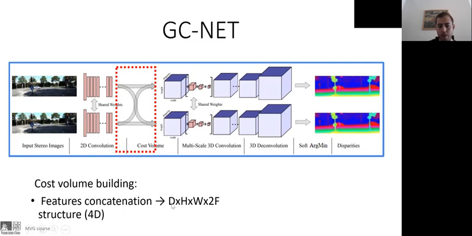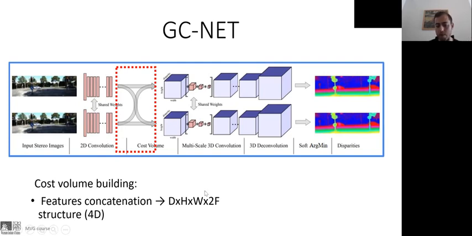So I have a volume of size D, which we called K before, the number of disparities, by the height and the width of the image. And for each disparity, I have 2F features, of the 2 pixels that I try to find correspondence for, to see if they correspond according to the disparity.